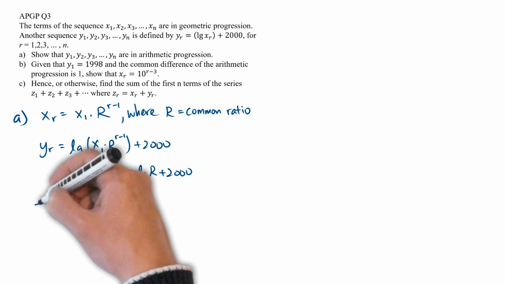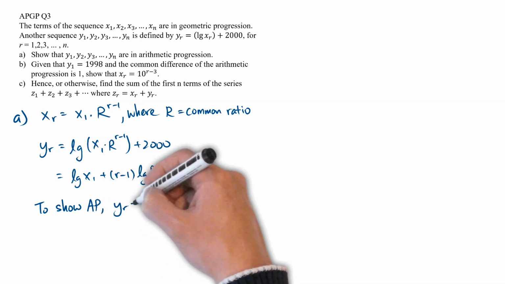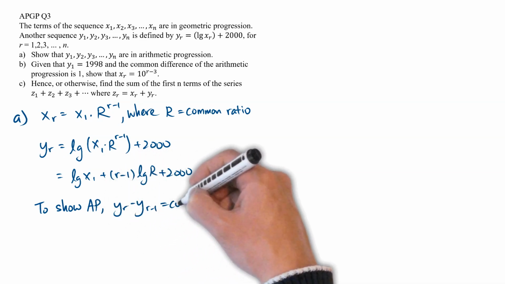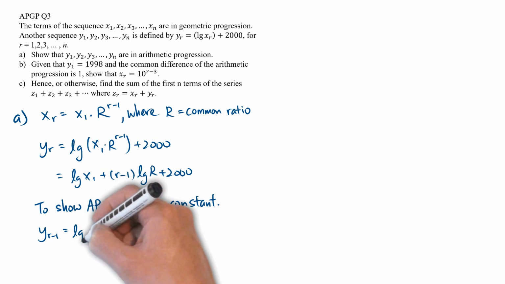Thereafter, to show that y1, y2, y3 all the way to yn are in an arithmetic progression, we simply have to show that the difference between yr and yr minus 1 is equal to a constant. Since we have found yr earlier, we can substitute the r in yr as r minus 1 to obtain yr minus 1.